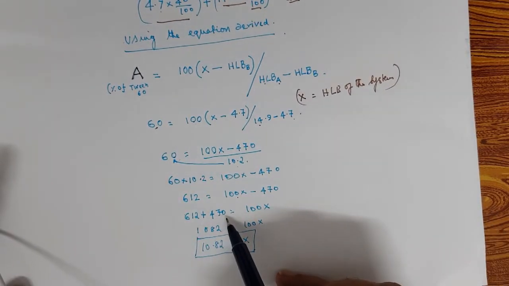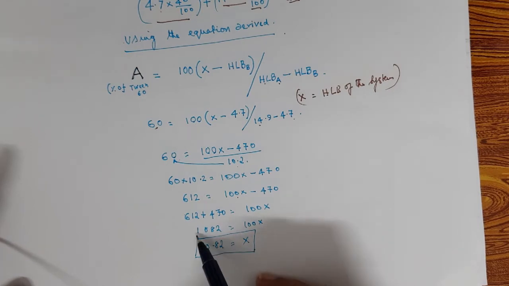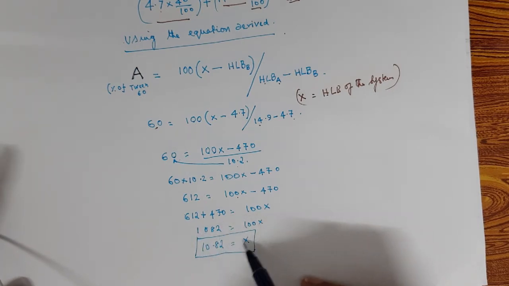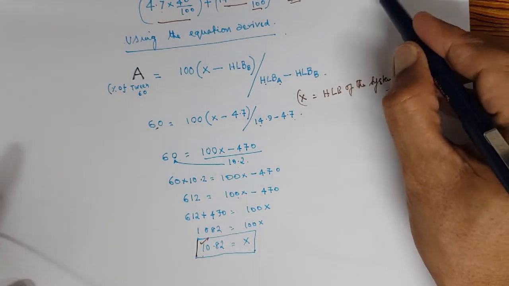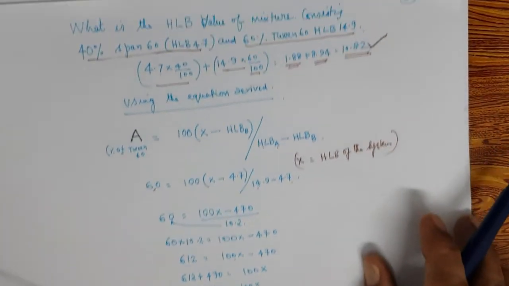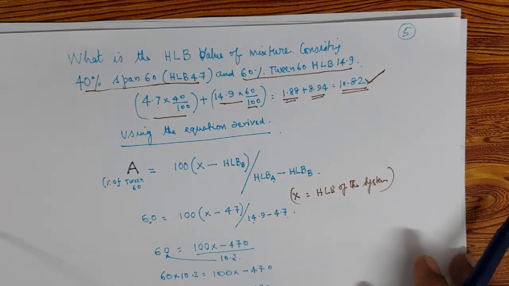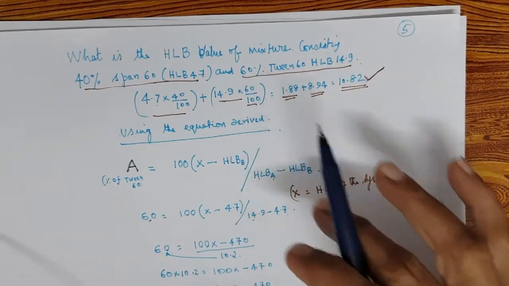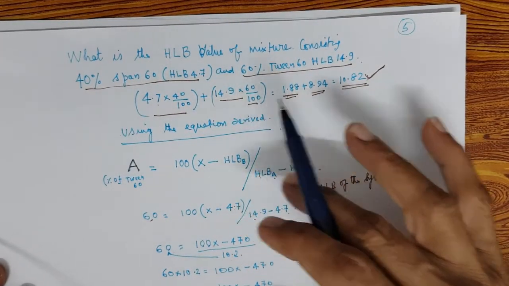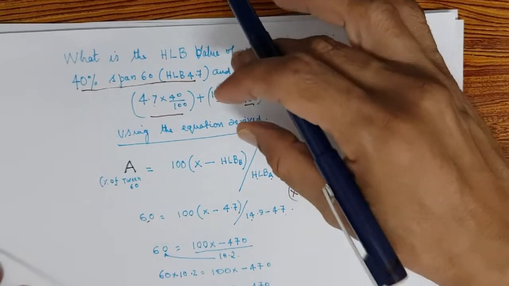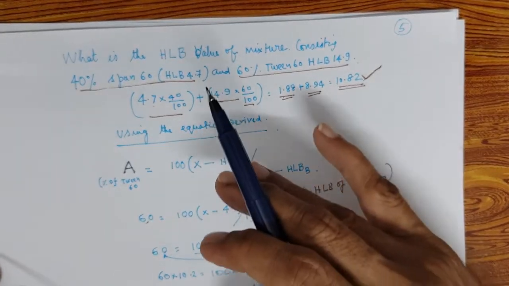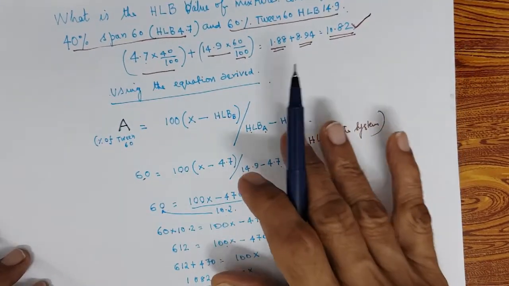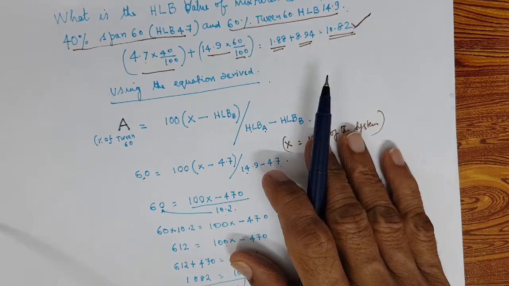Then 612 plus 470 is 100x, 1082 is 100x, x is equal to 10.82, and this is also 10.82. This is another way of calculating this. For simple things you can calculate like this, but for much more complex calculations, this equation helps, right?